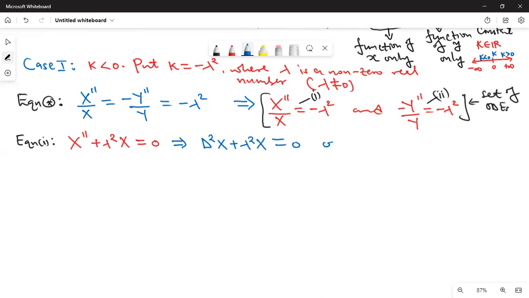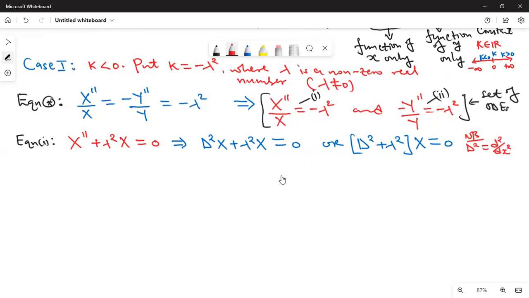And you see x is common, so we can write this as D squared plus lambda squared operating on x to give us 0. Remember, in this case the differential operator is the derivative with respect to x. Take note that what I'm calling D squared is the second derivative with respect to x.